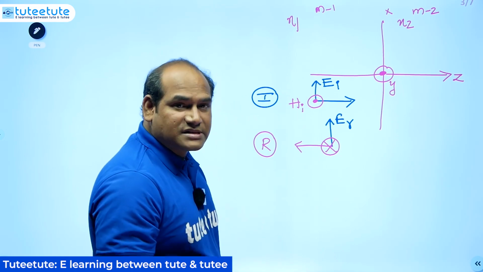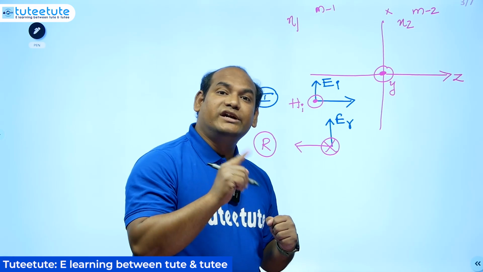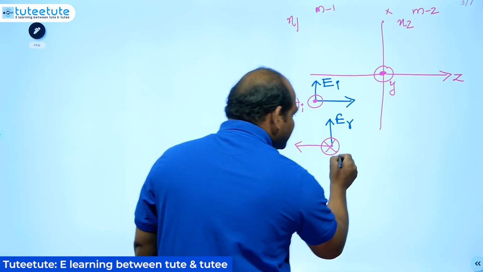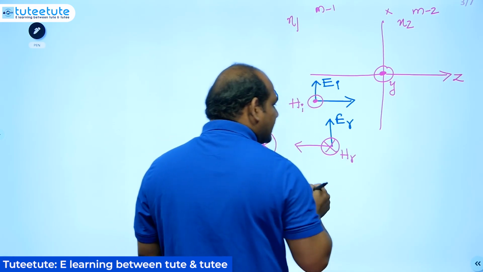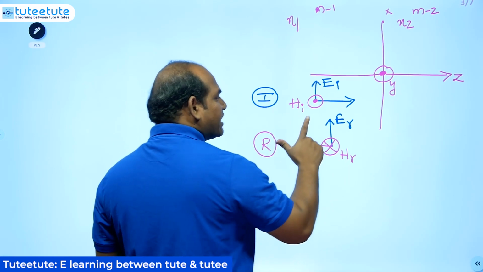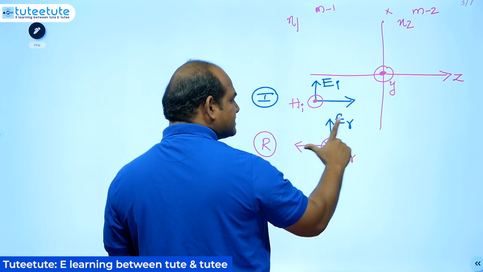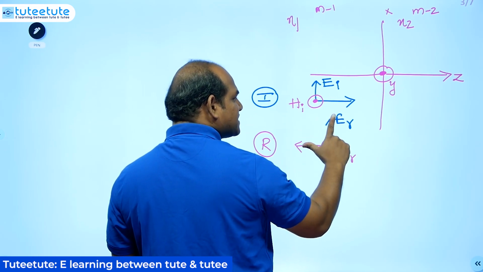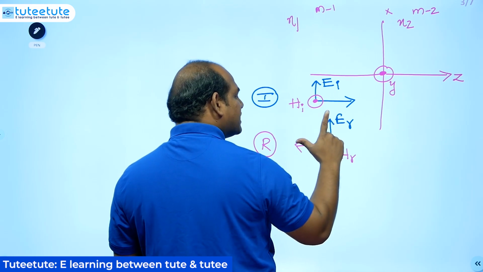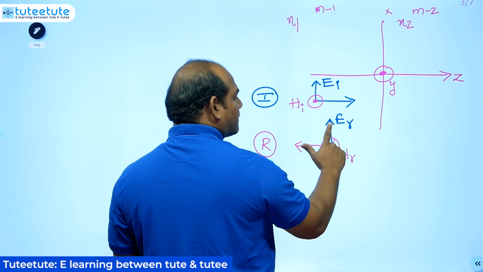A dot circle represents coming out of the screen, and a cross circle represents going into the screen. So here H_r represents into the screen. That means the negative y direction. Okay, or you can represent it using these three fingers also. So the thumb represents the direction of propagation, the forefinger represents the electric field orientation, and the middle finger is going into the board. That means that is the magnetic field representation.